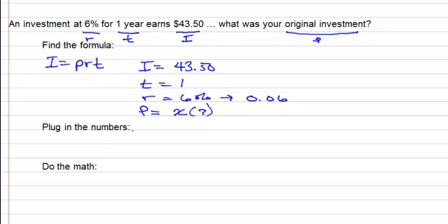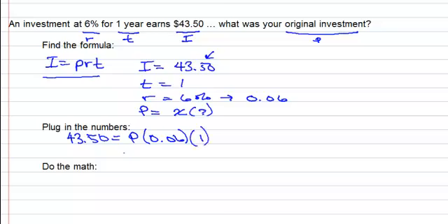So now we are going to rewrite this formula, plugging in everything we know. Interest we know is $43.50. Principal we don't know, so we'll just leave it. You can put an X in there if you want. It doesn't matter. Rate, we're multiplying that times 0.06. And time is 1.